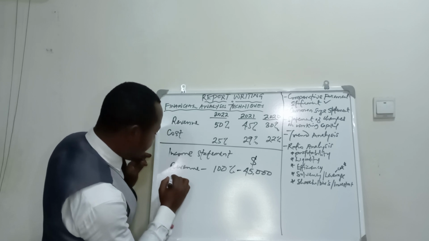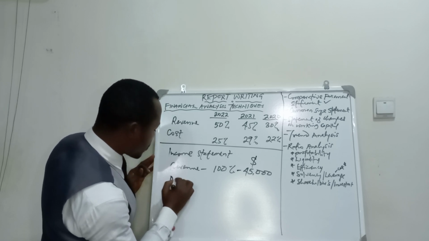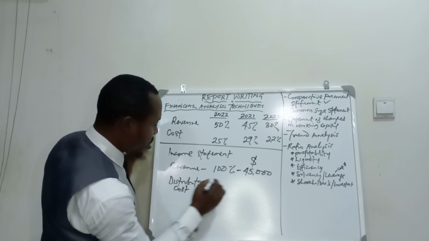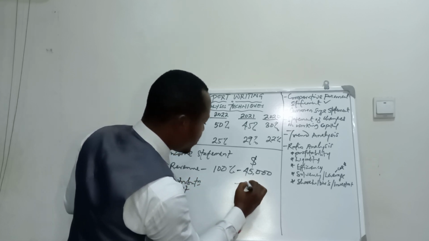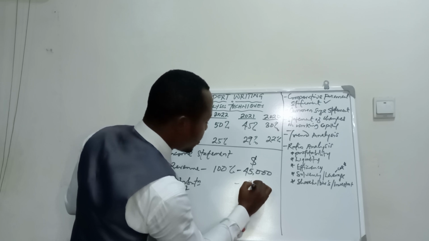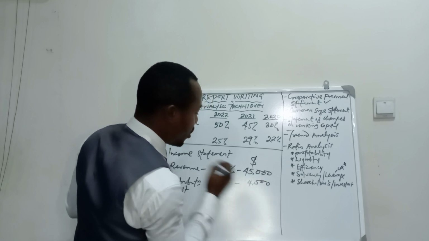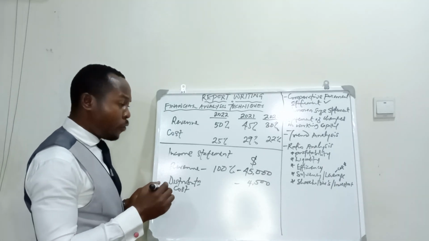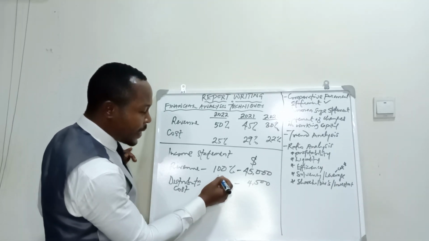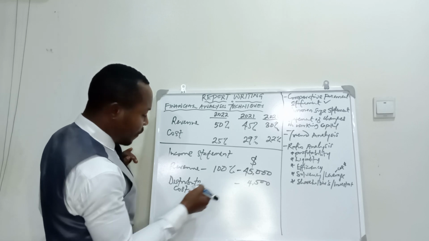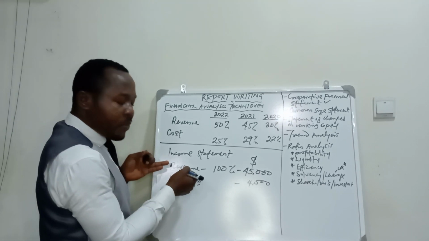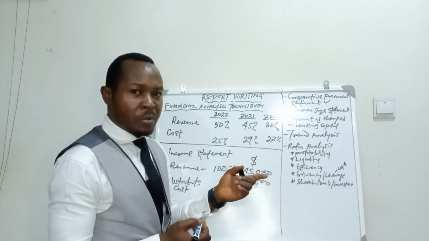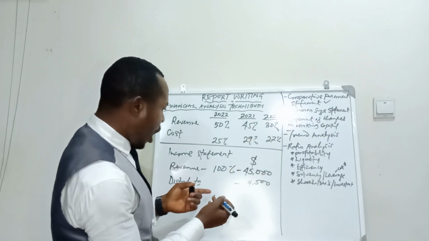And let's say the distribution cost is $4,500. I hope you are following. So what is the percentage of distribution cost on the revenue? That is what common size statement is talking about. I hope it's clear.